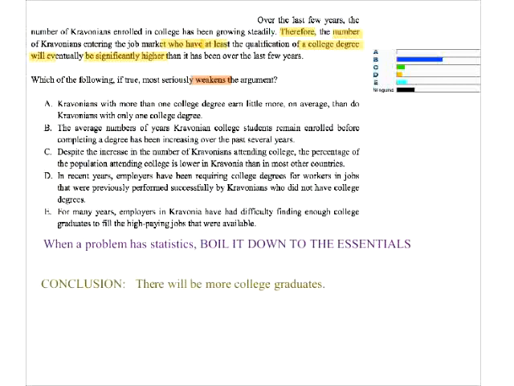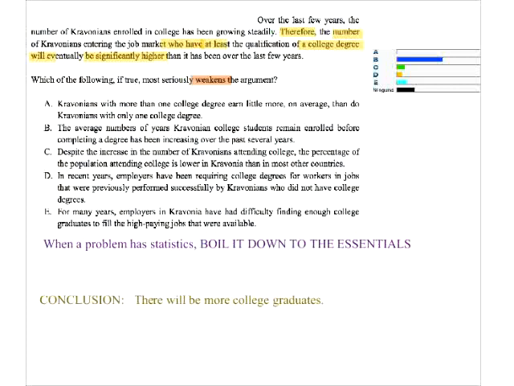Entering the job market is not something we really have to worry about, because that's by definition what college graduates do: they enter the job market. But the premise of this argument is that the number of students enrolled has been going up.